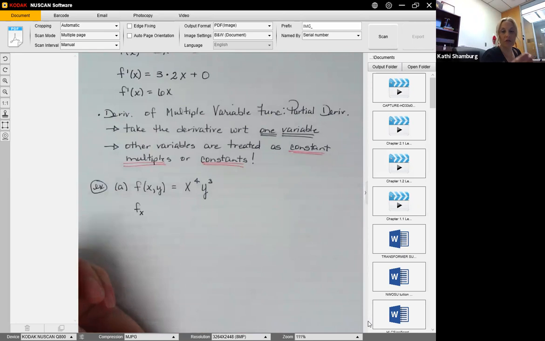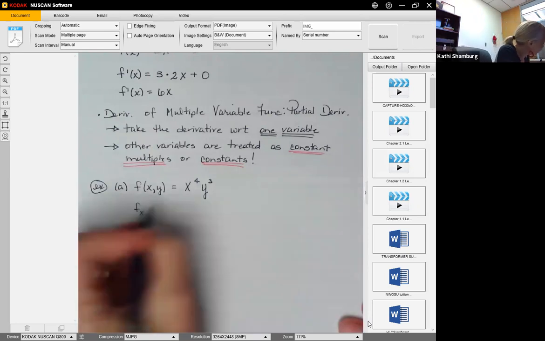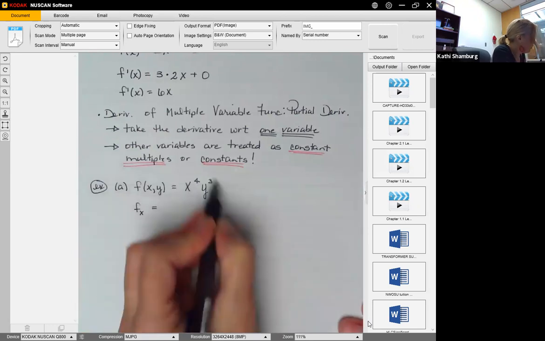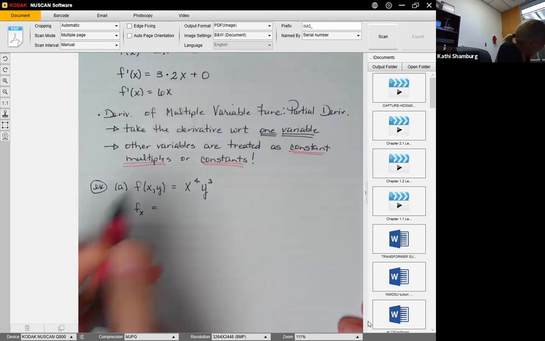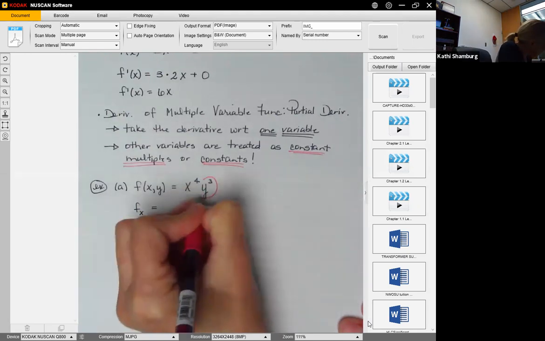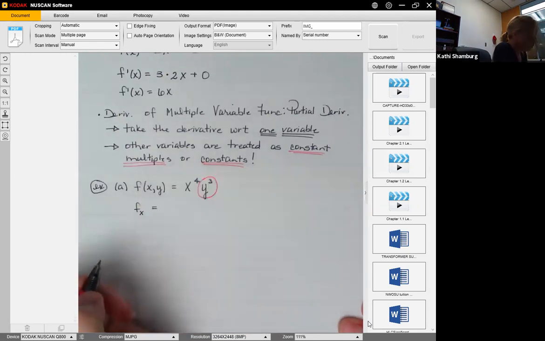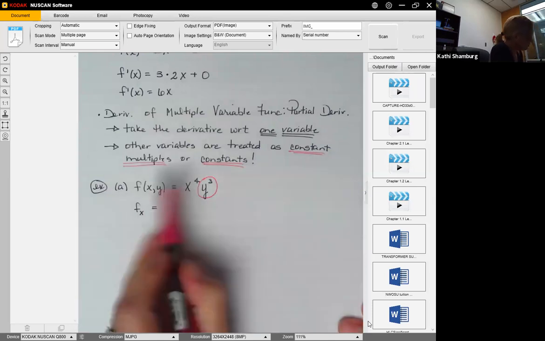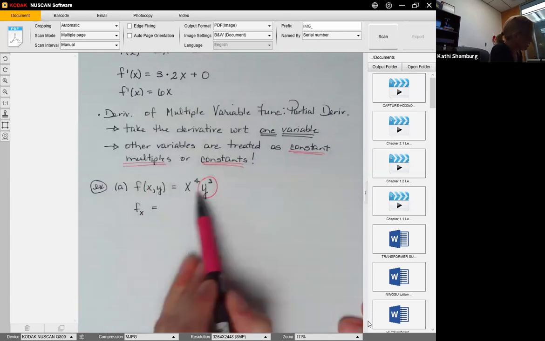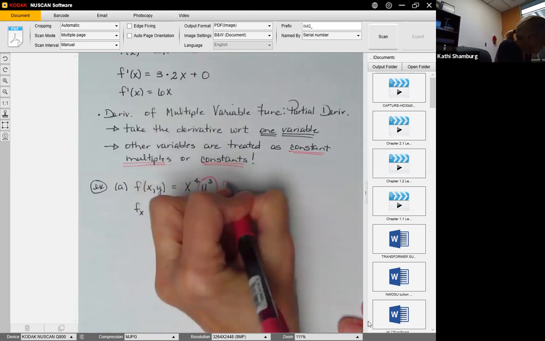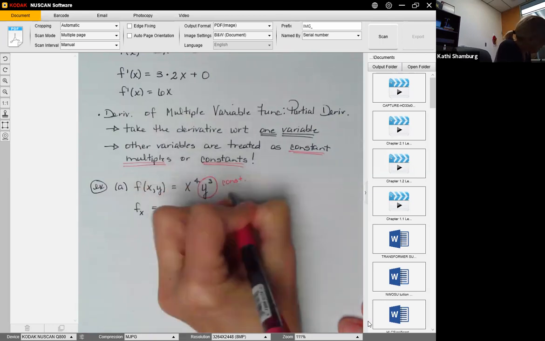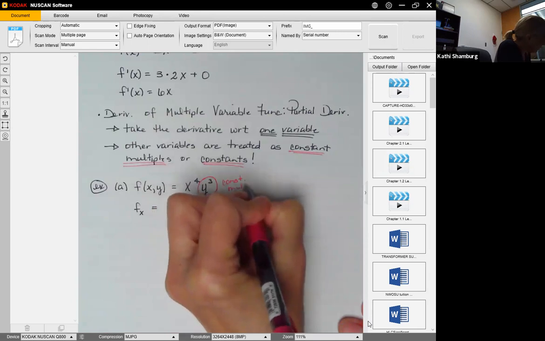So what that means is we are taking the derivative with respect to x, okay? So we're going to take the derivative of this with respect to x. So what that means is the other variable is either a constant multiple or a constant. And since it's being multiplied times the x to the fourth, we'll look at this as a constant multiple.